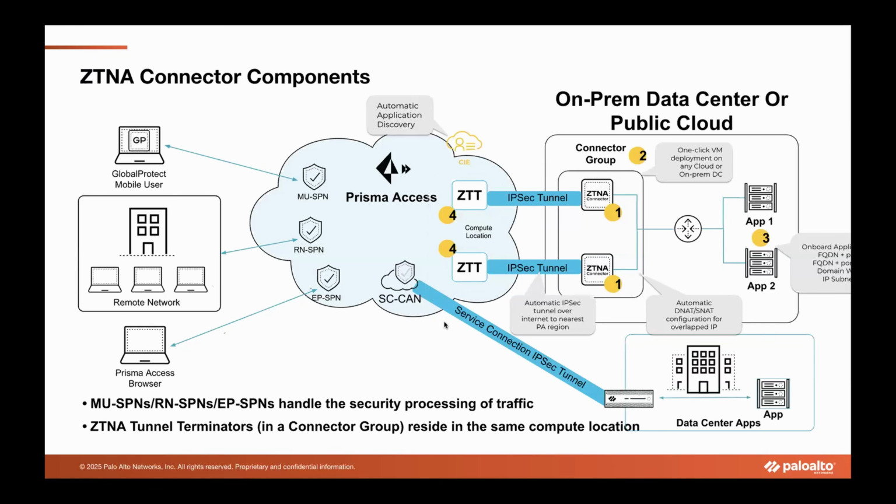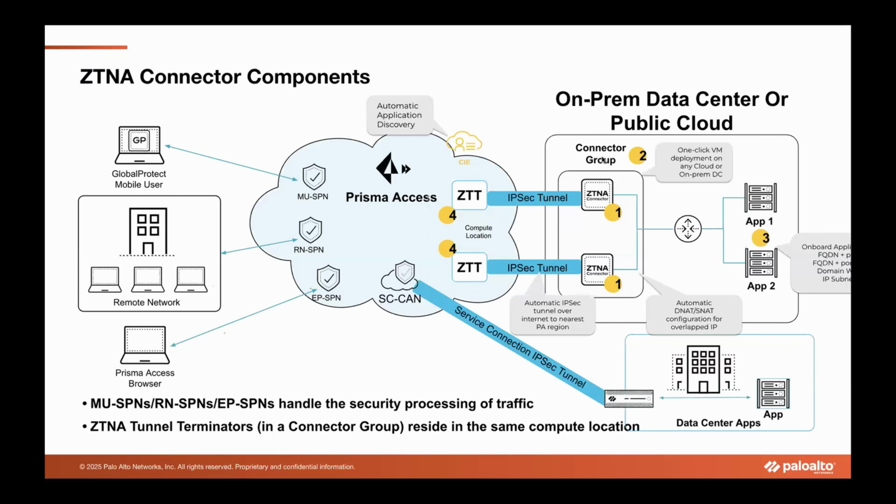One more important thing here is that once the ZTNA connector VM is deployed, you go into the Strata Cloud Manager UI and start by configuring the connector group. Connector groups are logical groups which handle multiple ZTNA connectors. For each connector group, you can have up to 4 ZTNA connectors, and that is configured on the Strata Cloud Manager dashboard.